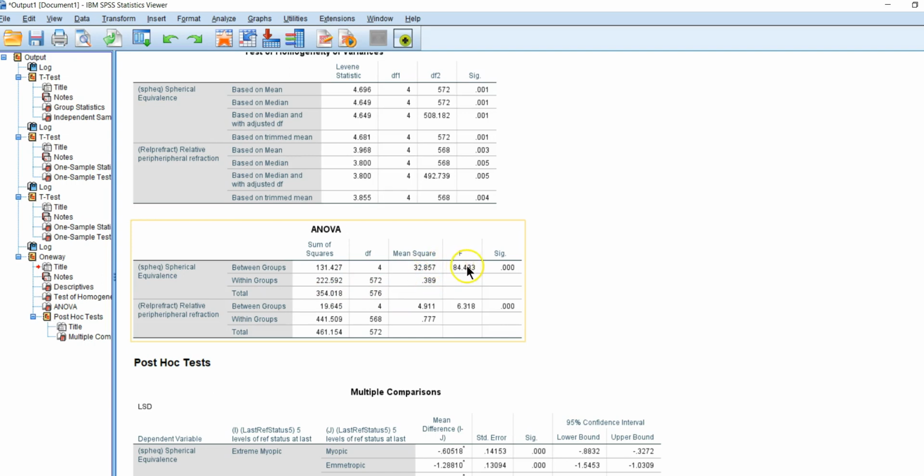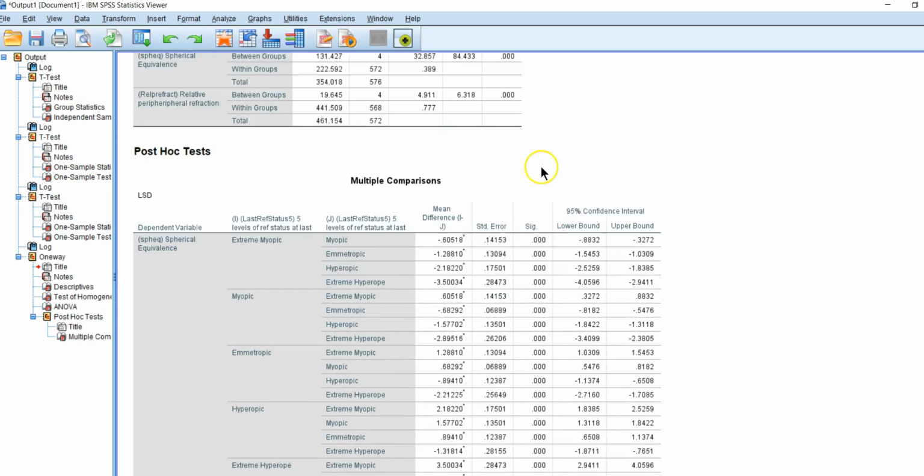So this F ratio is the mean square between groups divided by the within. And this number is a little higher because of the increased variance of the extreme hyperopes. So it's still way significant, so we're going to be okay with that.